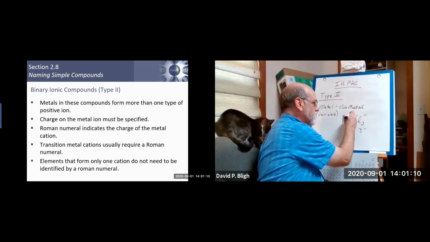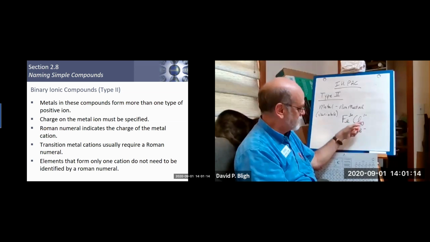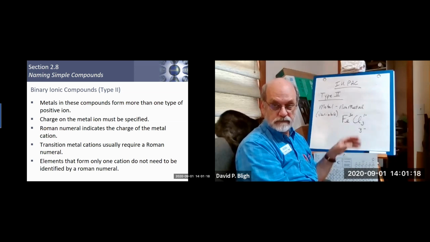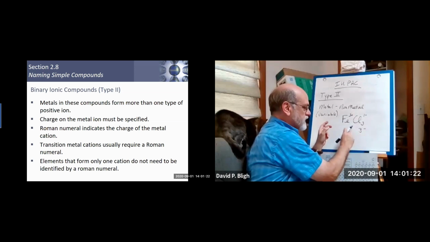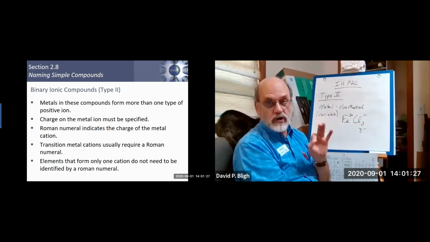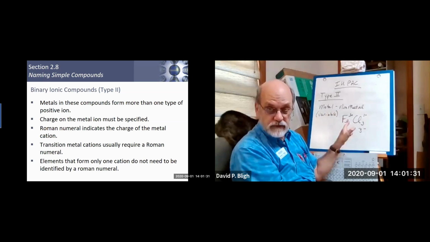So it has to be a 3+ charge, right, to balance these. All compounds are neutral. So now that we balance the charges, this is how we deduce what is the charge on iron. So the charge on iron is 3+.